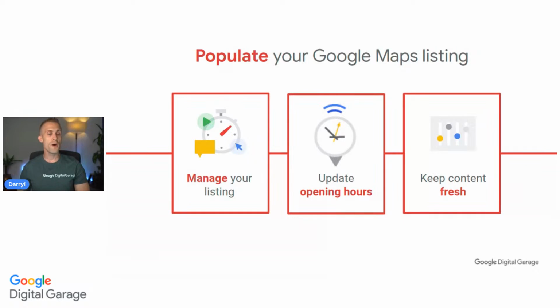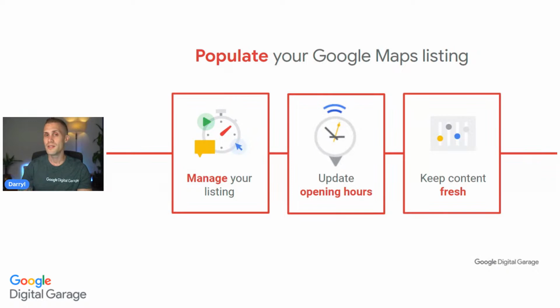So in terms of populating your Google Maps listings, you're going to manage your listing. And how do we do this? We keep the information relevant. We want to make sure we update those opening hours and try to avoid any potential pain points. If you're open, make sure your customers can contact you. If you're closed, that's when you're closed.